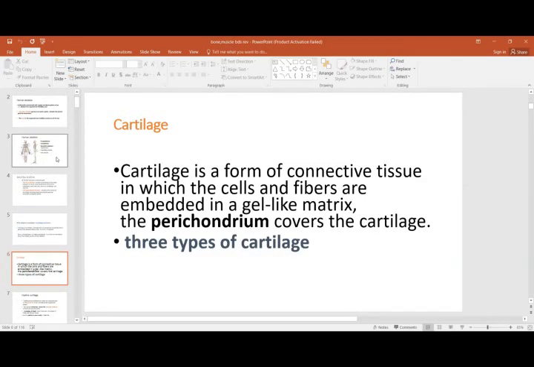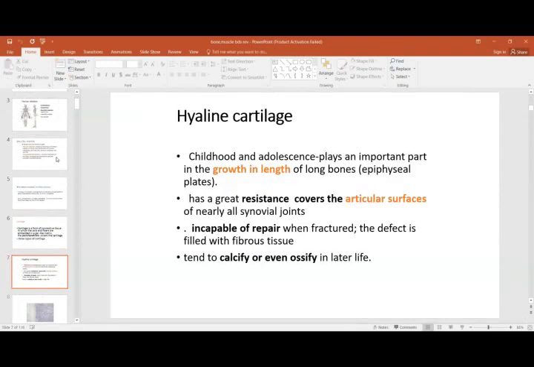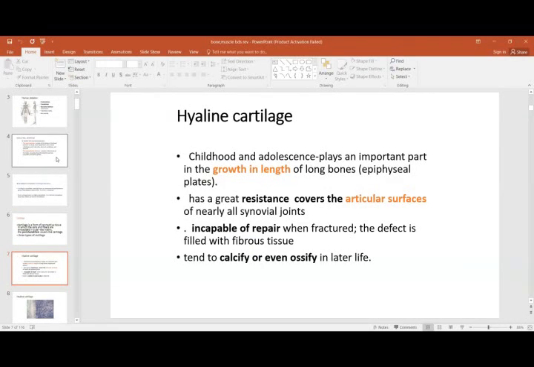Now what is cartilage? It is a form of connective tissue in which cells and fibers are embedded. There are three components of connective tissue: cells, fibers, and the gel-like matrix in which the cells and fibers are floating. The cartilage on the outside is covered by the perichondrium. Then we have three types of cartilage. First is hyaline cartilage, which is present in the long bones as the epiphyseal cartilage.